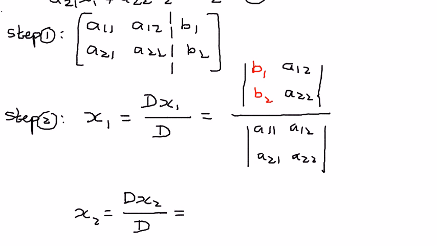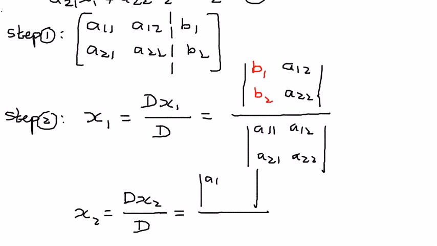The way we can achieve that is as follows. In the numerator, we're going to write the determinant, and this time we're going to replace the coefficients of x2, which are a12, a22, by the constant terms. So we'll write the first column as is.